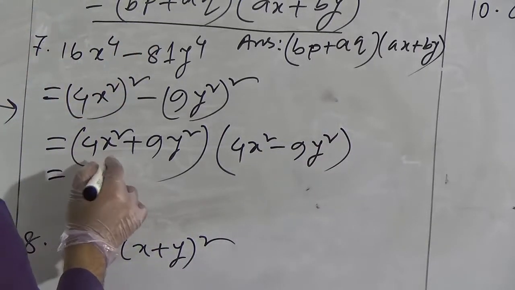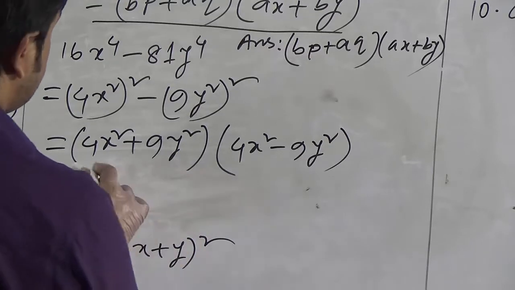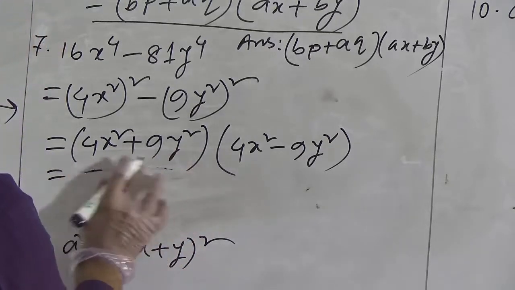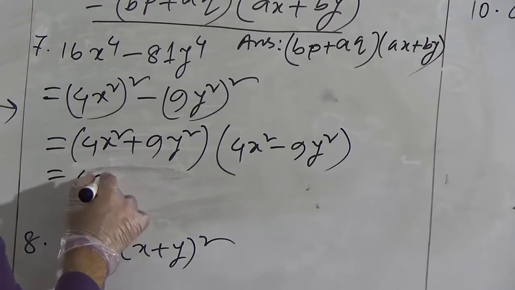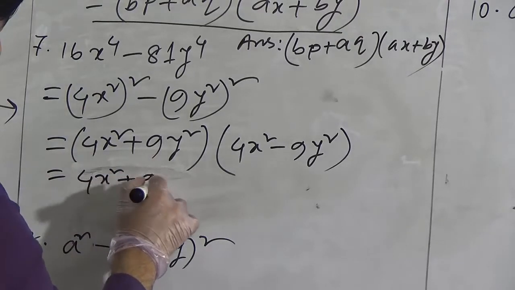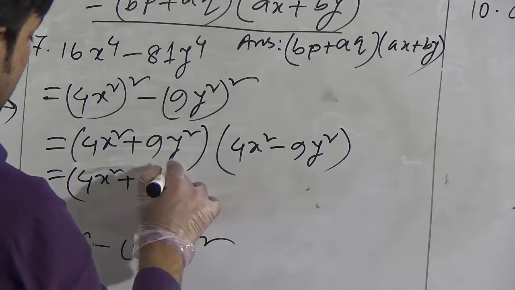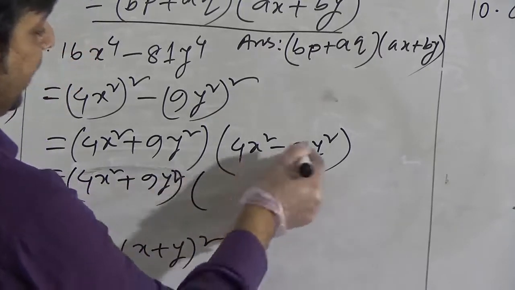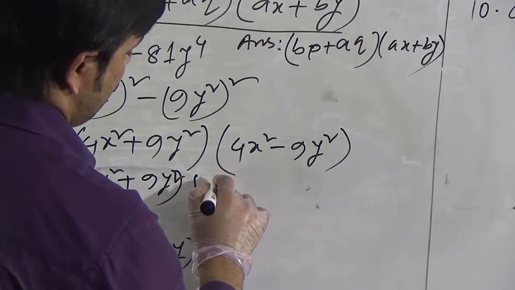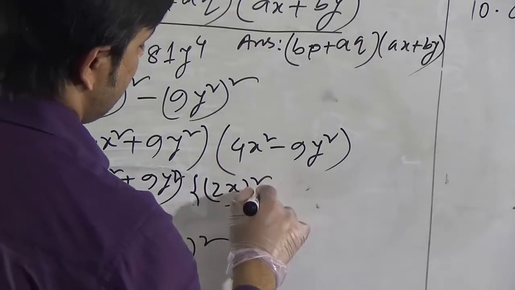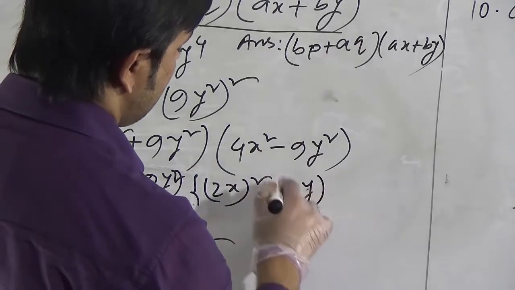Now in this expression, we can't apply any formula, so it will remain same. But in the second one, we can apply formula here, 2x whole square minus 3y whole square.